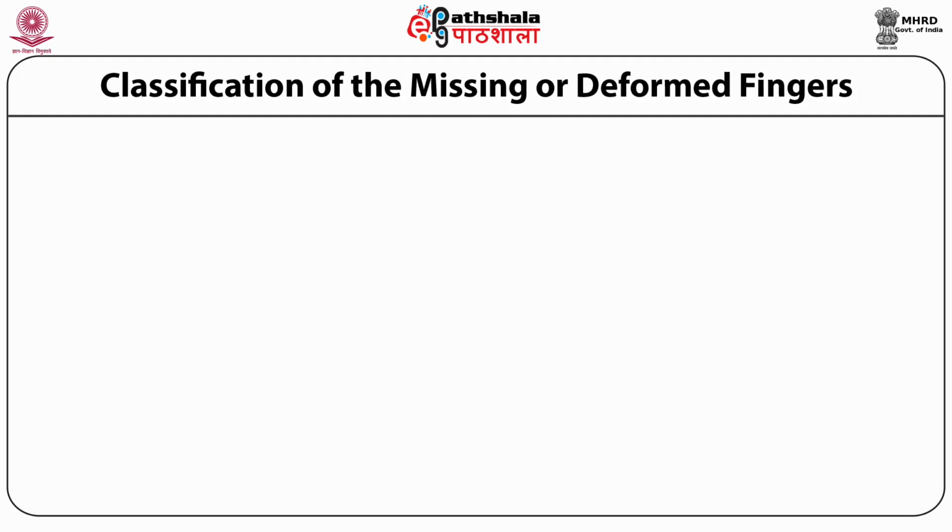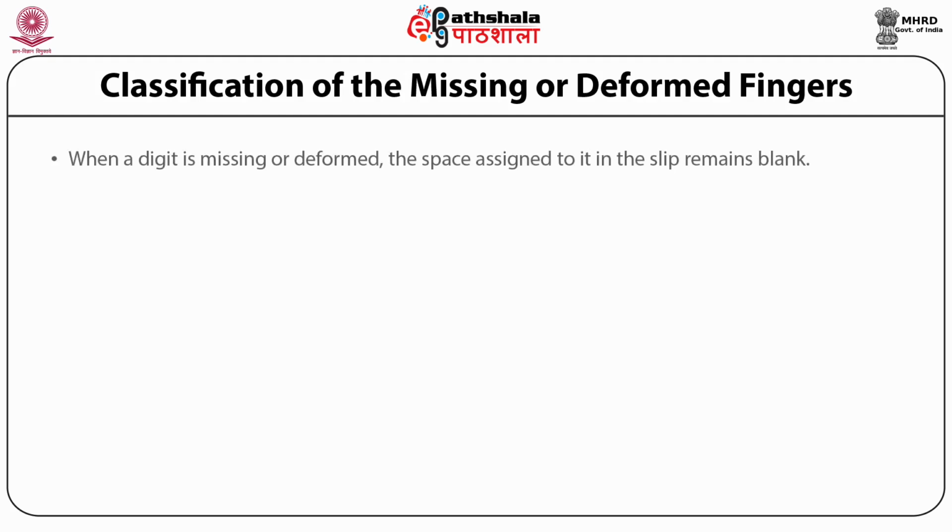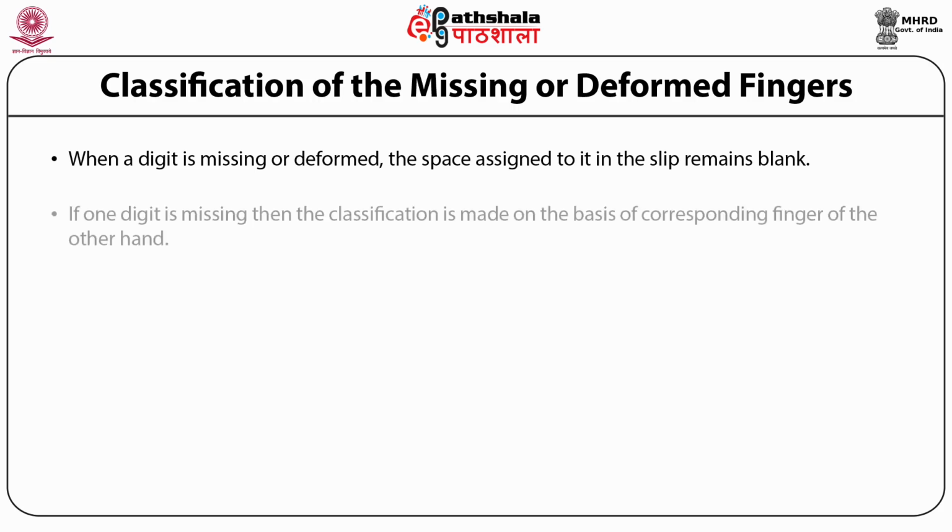Now, you will be knowing how to classify the fingerprints when we find a missing or deformed finger. When a digit is missing or deformed, the space assigned to it in the slip remains blank. If one digit is missing, then the classification is made on the basis of the corresponding finger of the other hand.